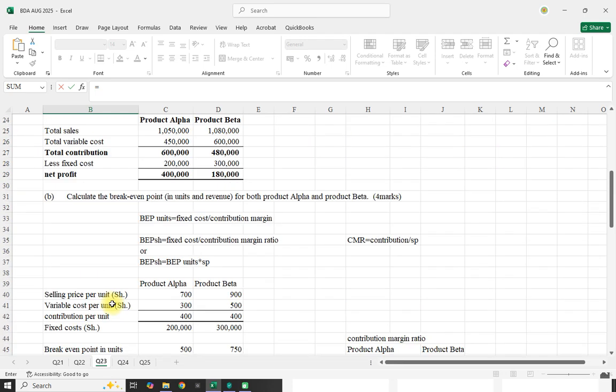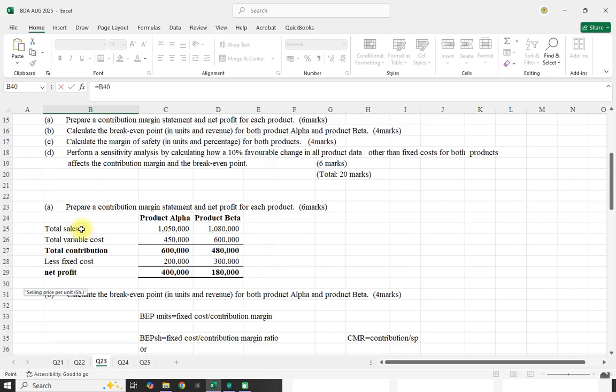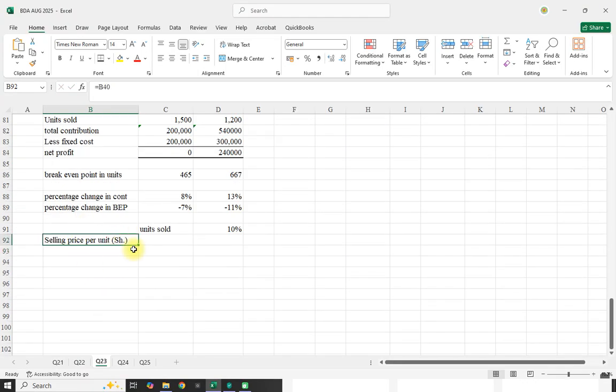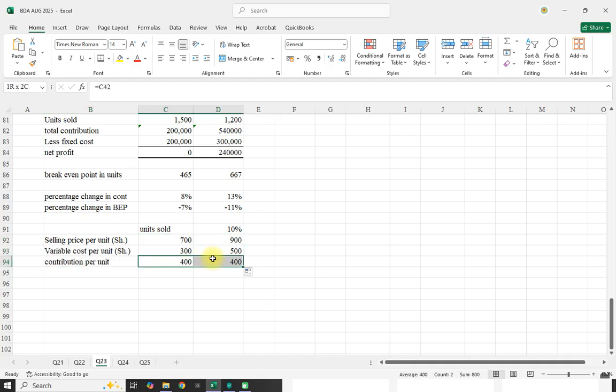When you do that, it means the only thing that will change, when you look at the initial statement in B that we had here, this one will remain. Let me use this. That one will remain up to this point. The contribution per unit will not change.